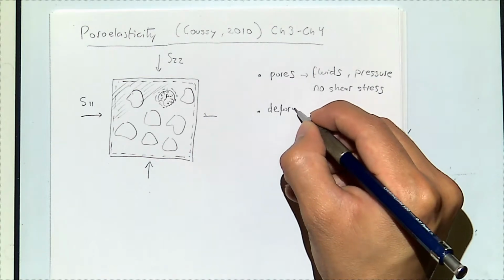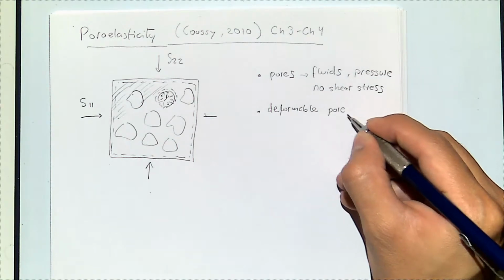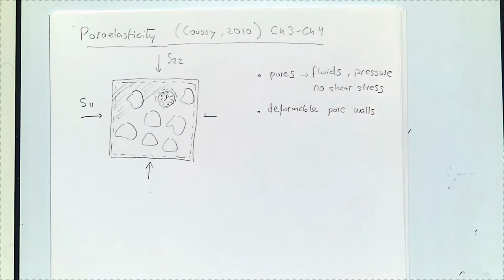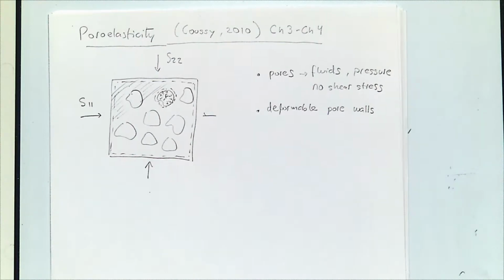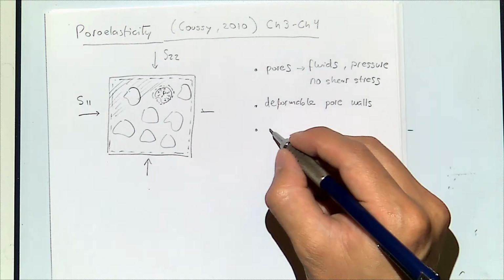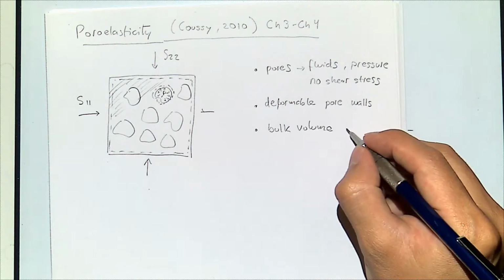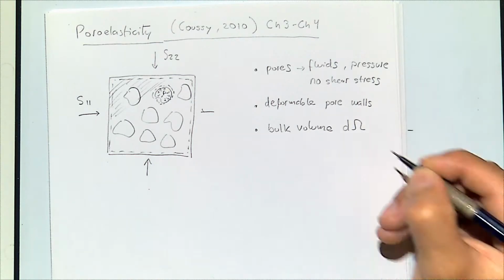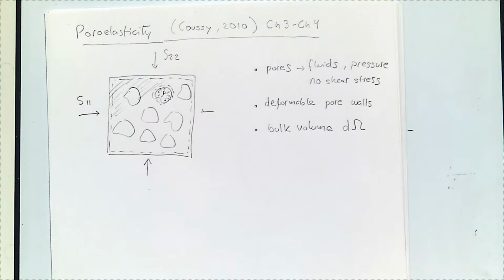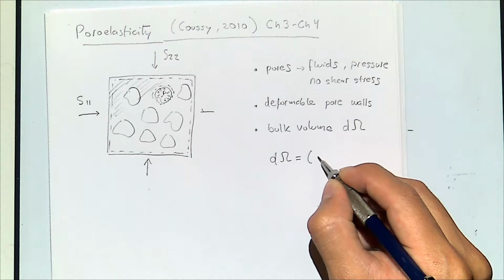Also, the solid is deformable, so the walls of the pores are also deformable. And we're going to say that the bulk volume of this solid, we're going to call it d omega, and we're going to define a volumetric strain with this equation.